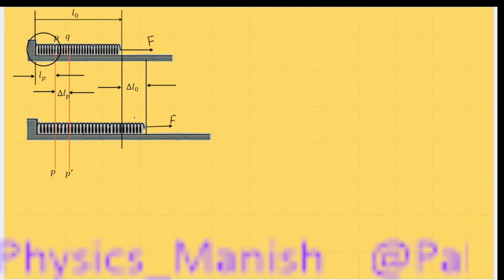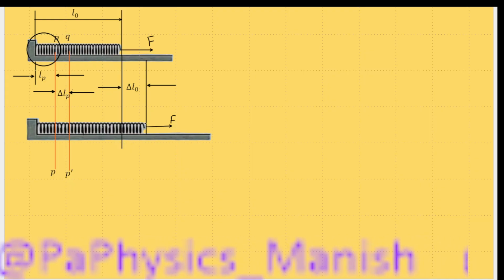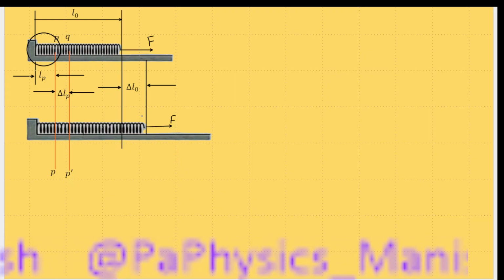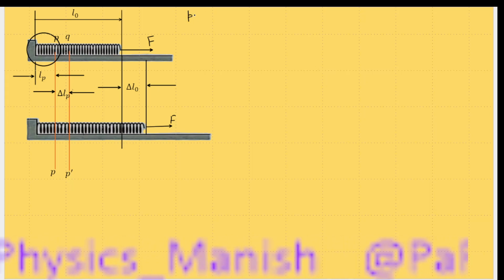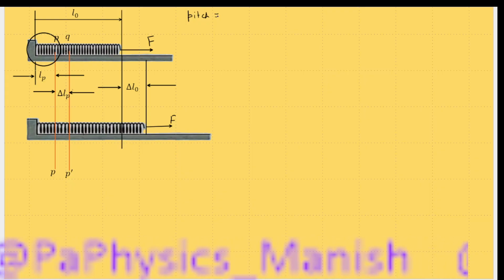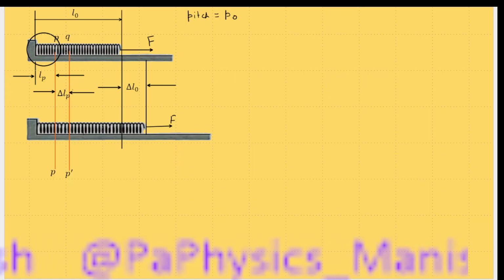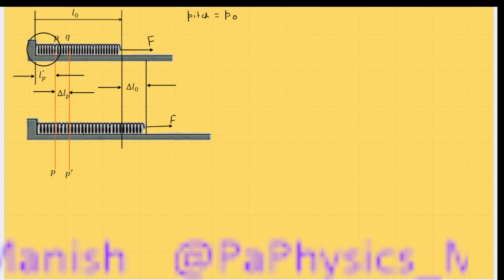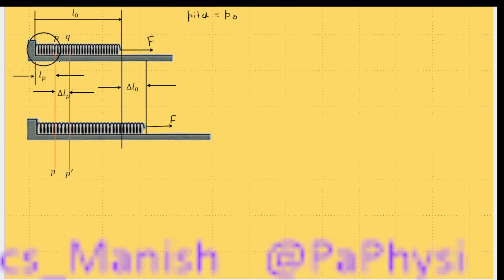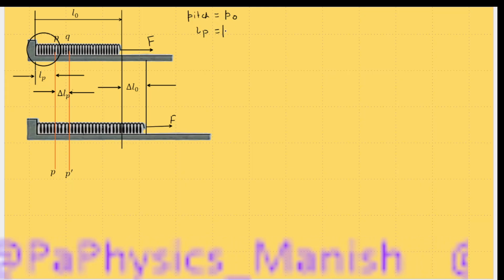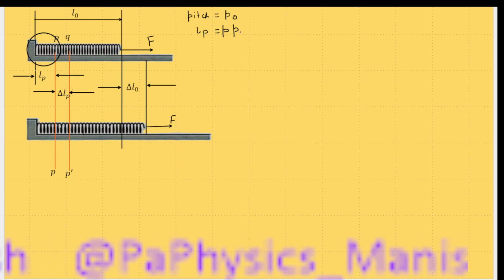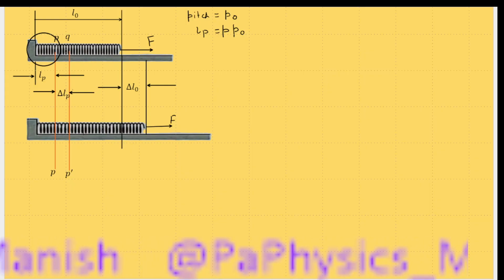We have taken L subscript P as the length of the spring from the wall to the P-th turn. So this will be the change of length in LP upon applying the force, because P has taken the Q's place. So delta LP. This was L0, and delta L0 is the change in length of the complete spring. If we assume the pitch of this spring is P naught, then LP we can write as P turns into pitch, that is P into P naught.